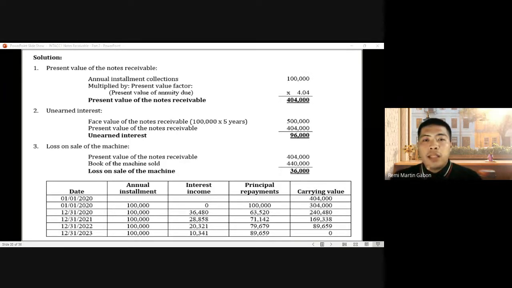Yung 89,659. Sige nga, try natin i-multiply si 89,659 by 12%.